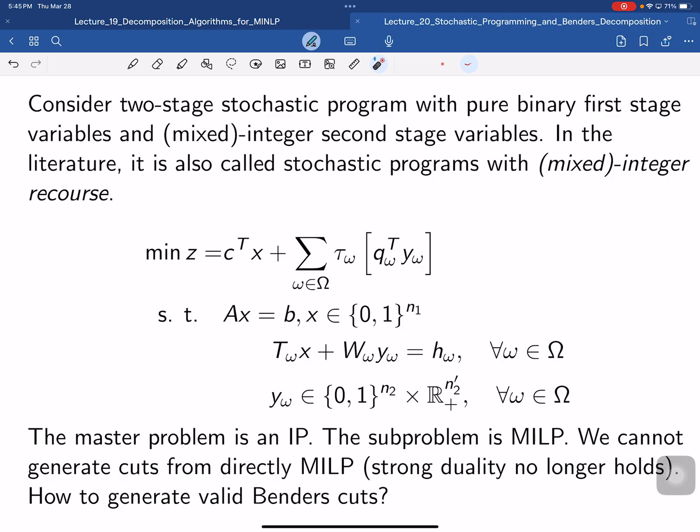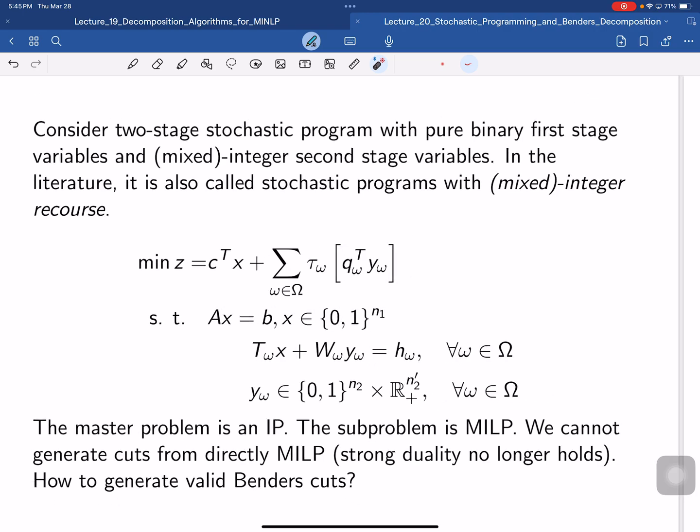So the question is, how do we solve this type of problem? Here, we are restricting the first stage variables to pure binary variables. That's a restriction we need to derive something called the integer L-shaped method. But if we have mixed integer variables in the first stage, the problem is too complicated. That's not within the scope of this class.